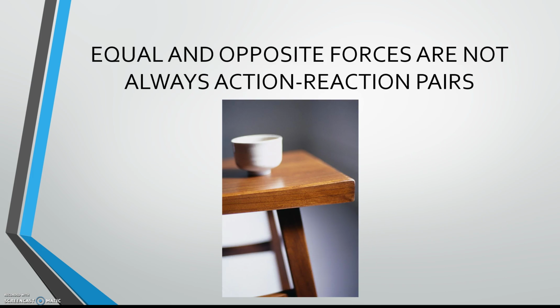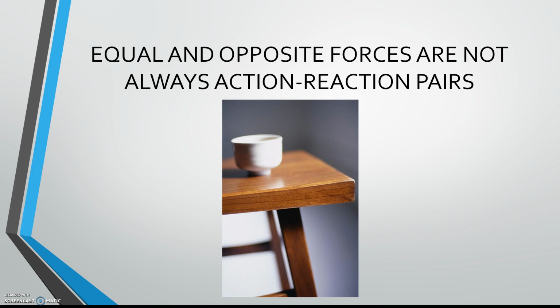Now let's look at one last example where equal and opposite forces are not always action-reaction pairs. So let's look at this example here. We've got a cup sitting on a table. And the first thing we can consider is the interaction between the cup and the earth.